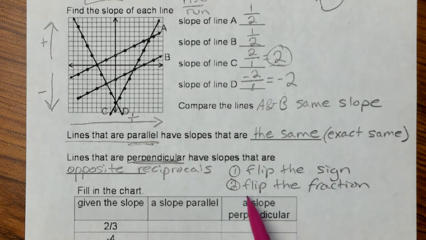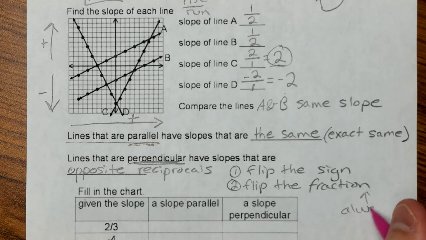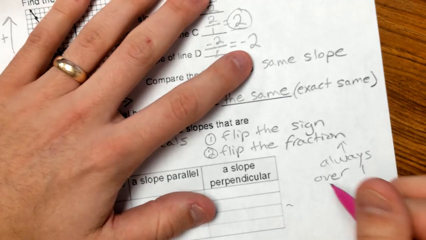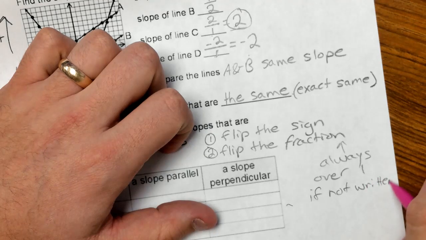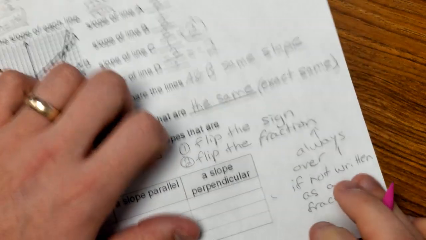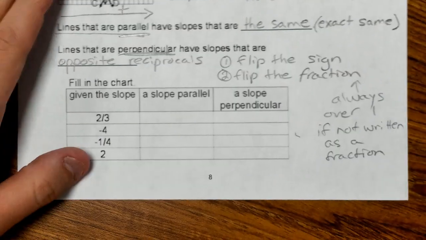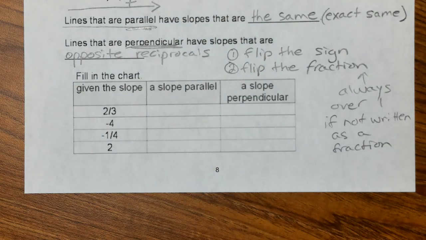So even if it's not a fraction, it's always over 1. I know that's a long way to describe that, but that's just something that might help us. If it's not a fraction, we can always flip it and have it over 1.